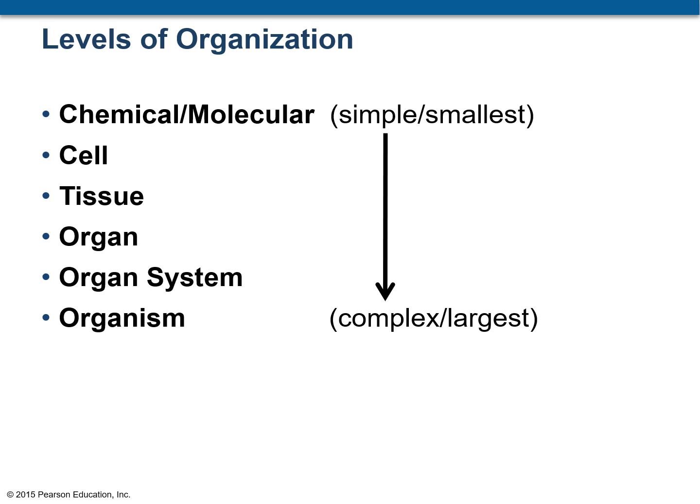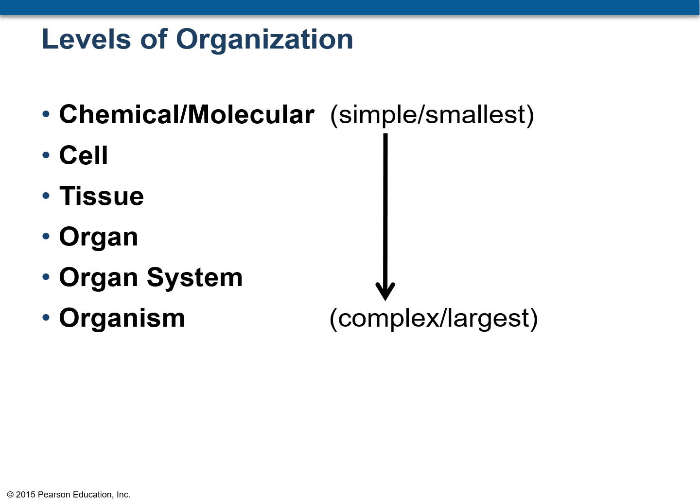Now, different tissues, when they perform a common function, they form an organ. An example of an organ would be your heart, your lungs, the brain. These are all organs. Then organs, when they work together to perform a common function, they constitute an organ system.